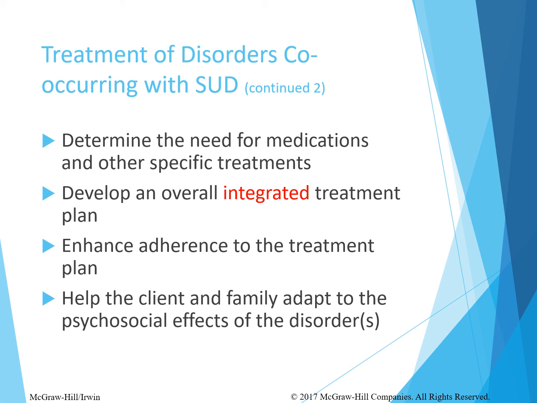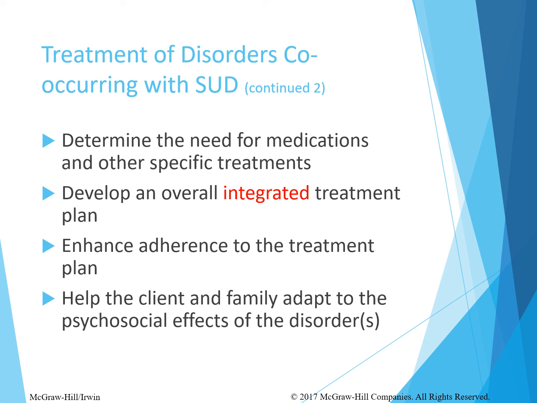If integrated treatment is not available, concurrent treatment would be the next best thing. And in concurrent treatment, though, sometimes there would be communication problems among the providers. There needed to be more coordination in scheduling all these services, and how's the client going to get over here and then over here and then over here.